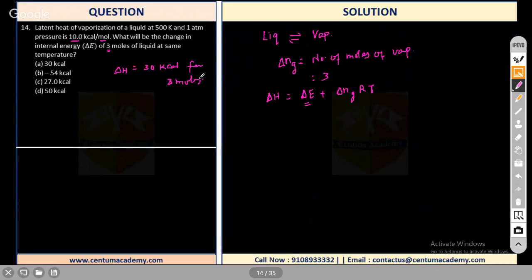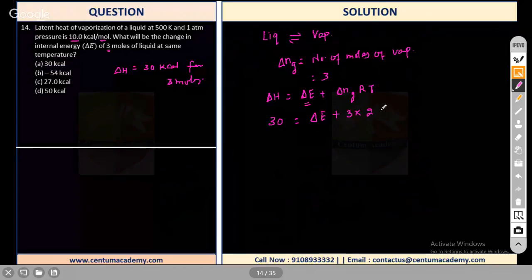R value you take 1.9 or 2, better you take 2, because it is kilocalorie. Okay, take 2 and then convert into kilocalories, 2 into 10 to the power minus 3. So you'll get C. So delta H is 30. Delta E you have to find out. Delta Ng is 3. R is 2.